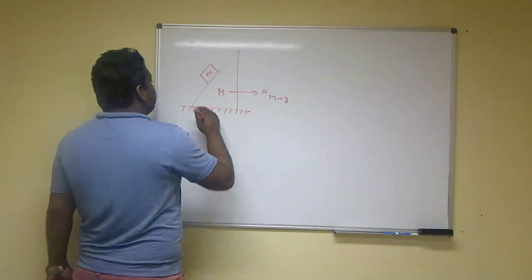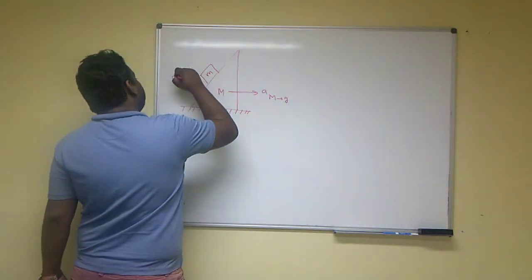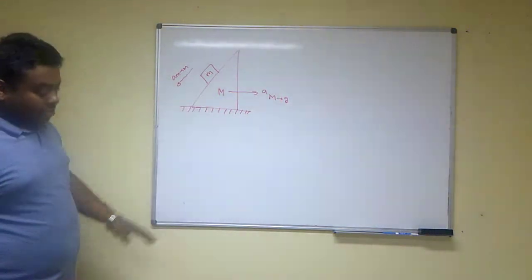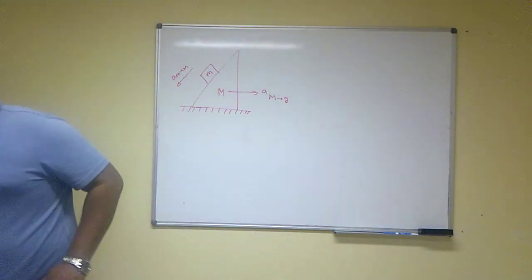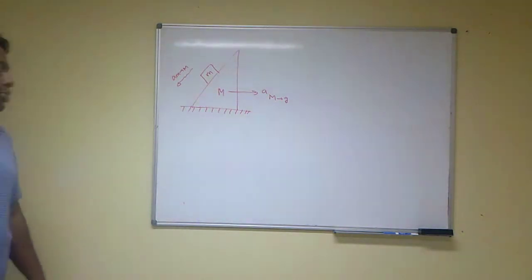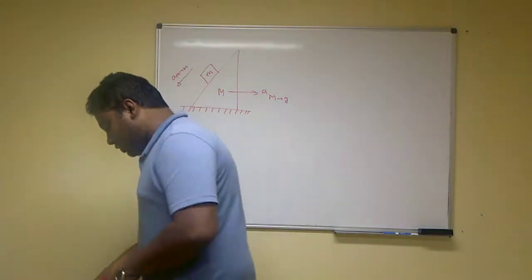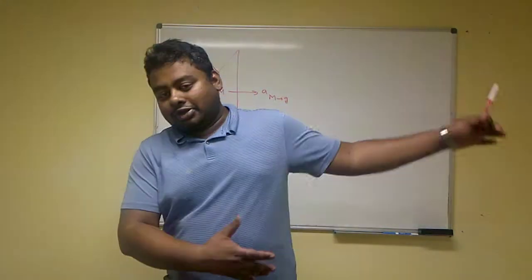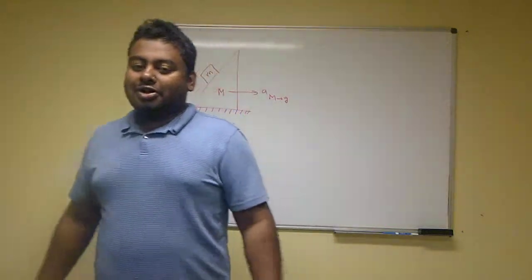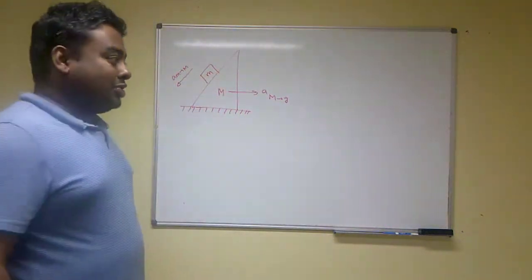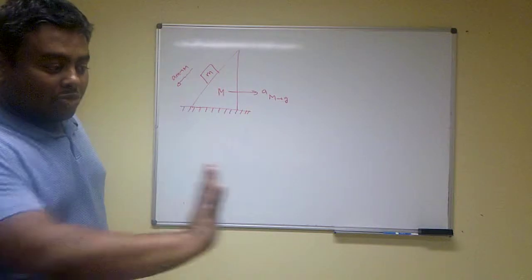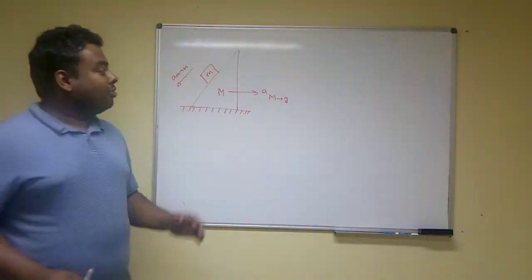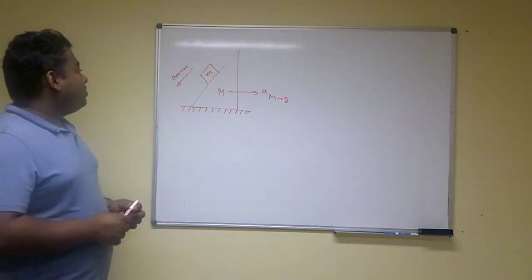And now I want to find out what is my acceleration of m on M in the reference frame of M. So it's moving like this and you are also going down, and it looks like your escalator is moving back. So you are trying to figure out your acceleration with respect to that moving escalator, which is moving towards your right. So you have to be very careful with respect to this problem.